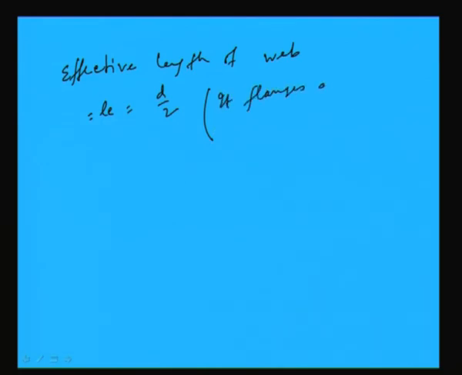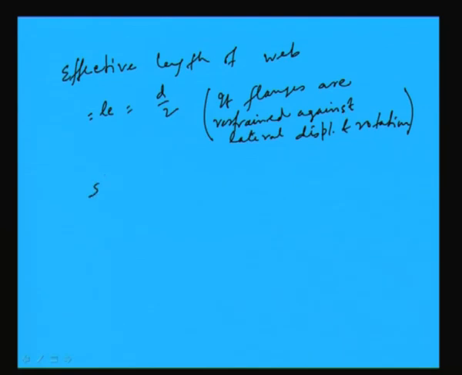So, the effective length of the web, say LE, will become D by 2 in the case when the flanges are restrained against lateral displacement and rotation, right.